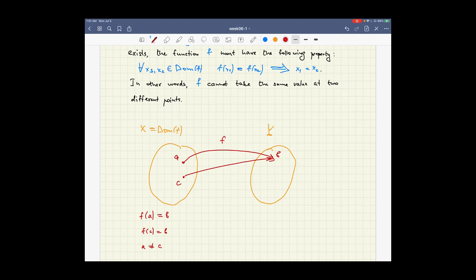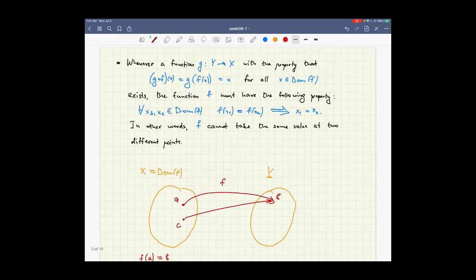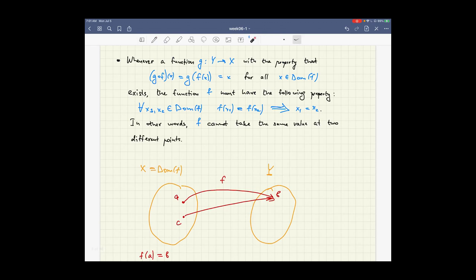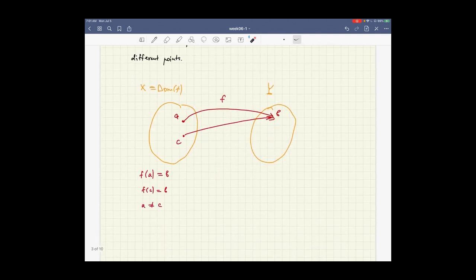But how would that function g look like? Well, the function g must have this property, that g of f of x must be x for every x. All right, so it means immediately that g at B must be simultaneously A and C, right?